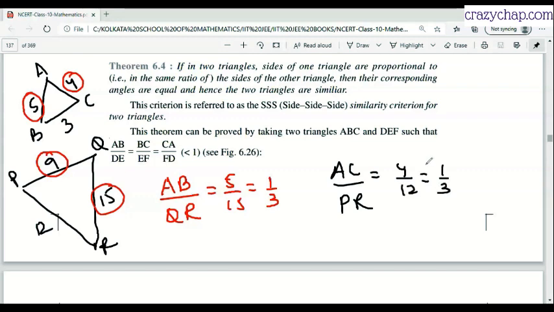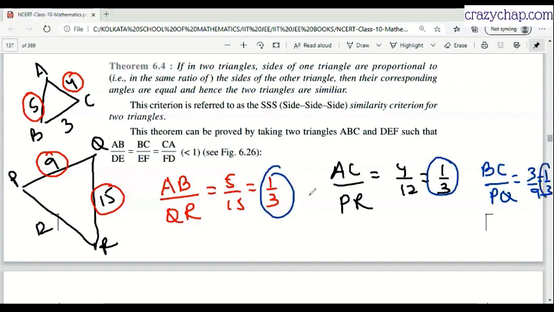And the third side ratio will also be equal. You will have to check. BC and PQ, when you check, you get 3:9, which is 1:3. Now, because all three side ratios are 1:3, yes, we can say that these two triangles are similar.